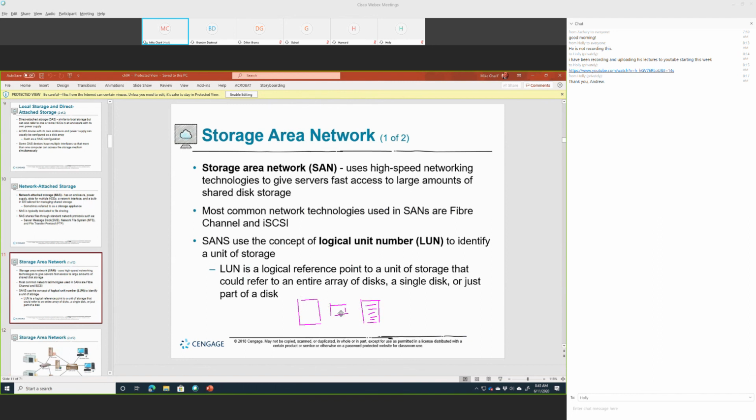And this one has different types of interface. They use either fiber channel or iSCSI connector to connect the storage to the server. And usually they have certification for that, which deals with data centers.